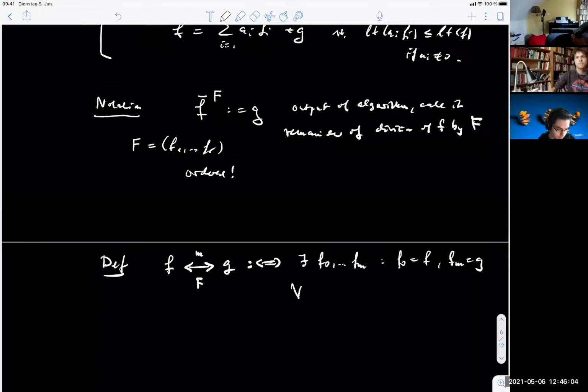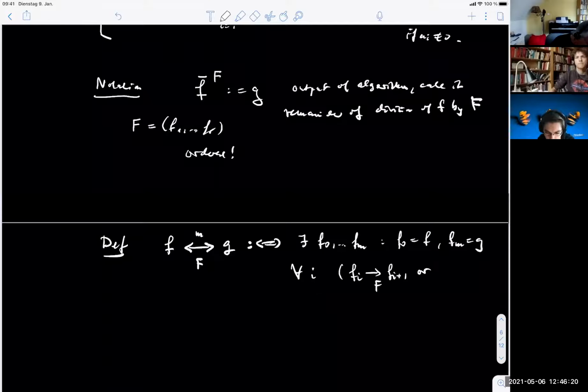And for all i, you understand for which i, either fi reduces to fi plus 1 in one step, or backwards, or this way. So you have a sequence of polynomials. You start with f0, end up with fm, but in every step, the reduction can be forward or backward. That's the definition.